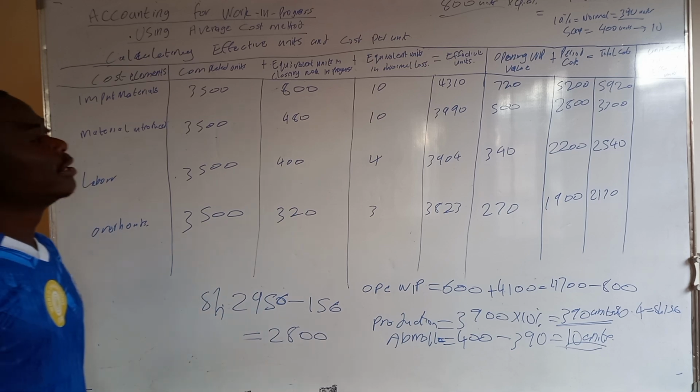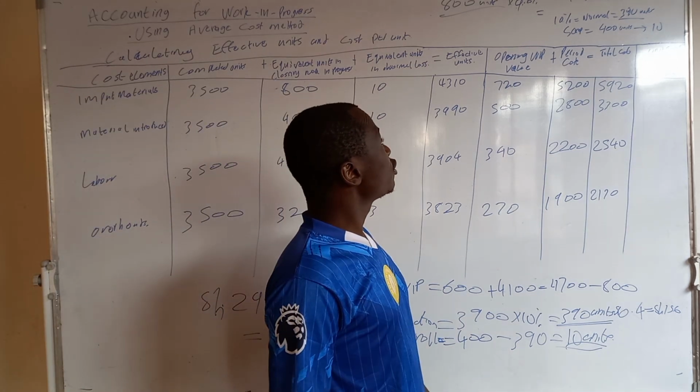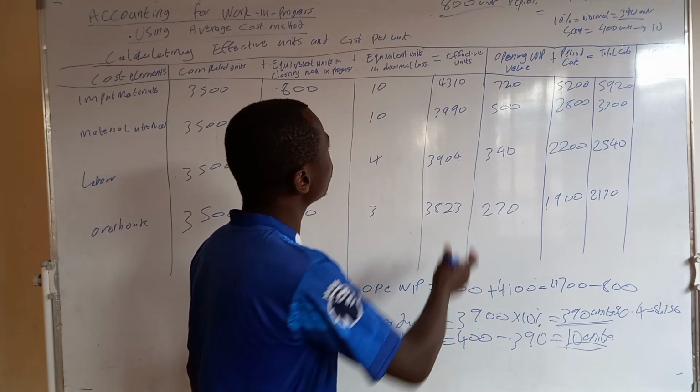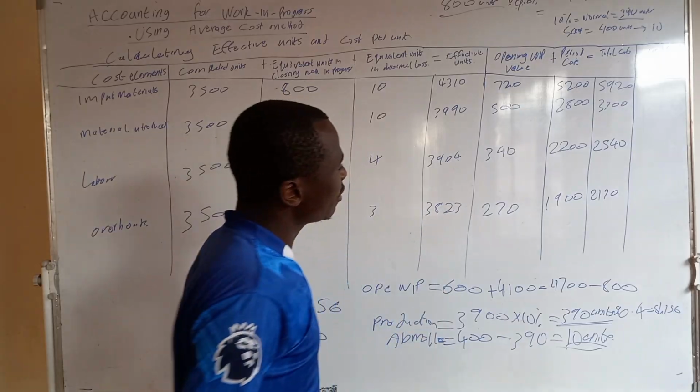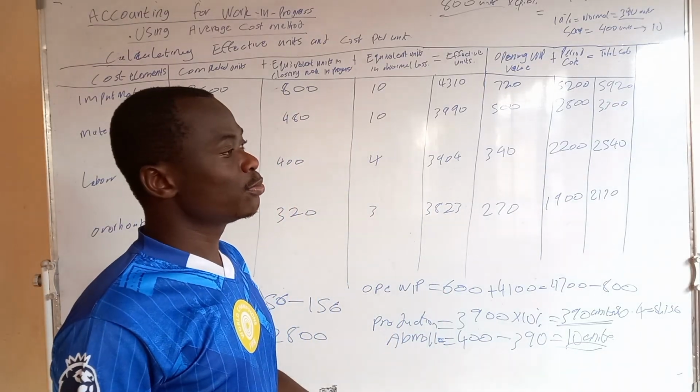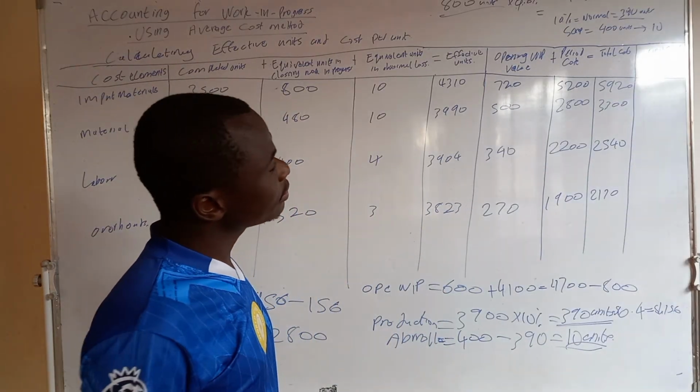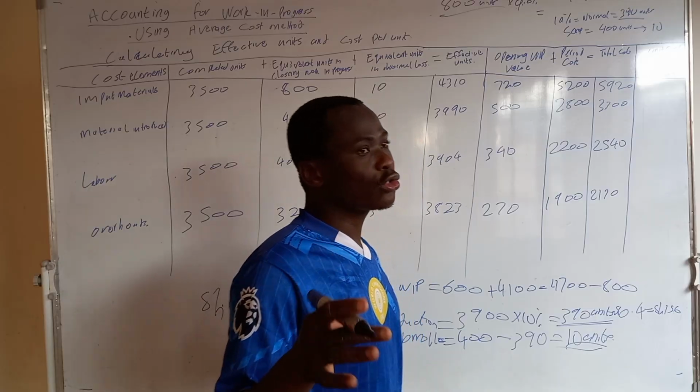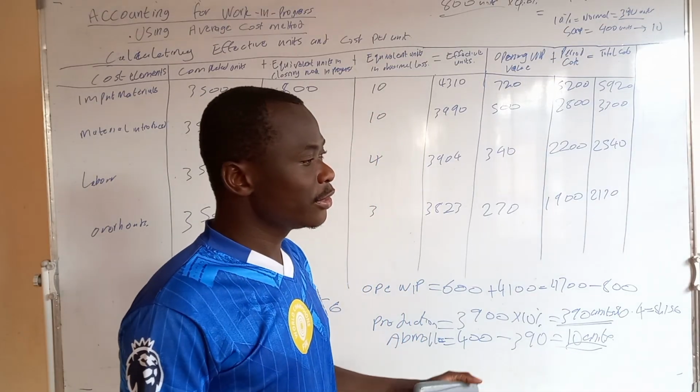Now, up to this point, we have effective units. These are the units we worked on during the period in question. We also have the total cost we incurred during the period.